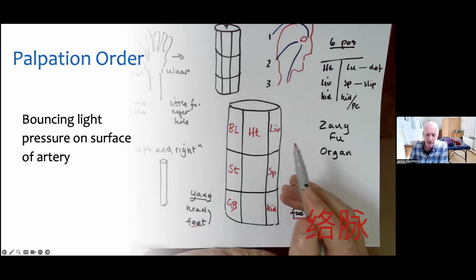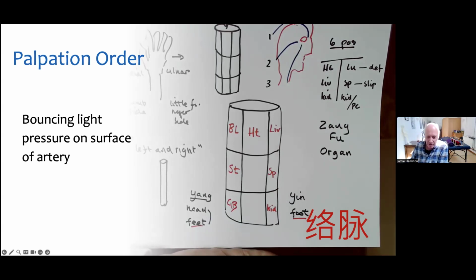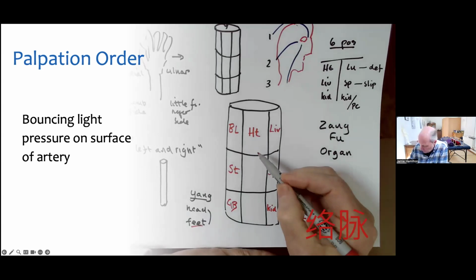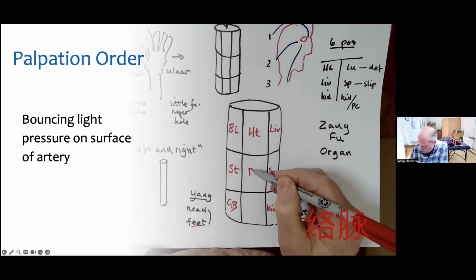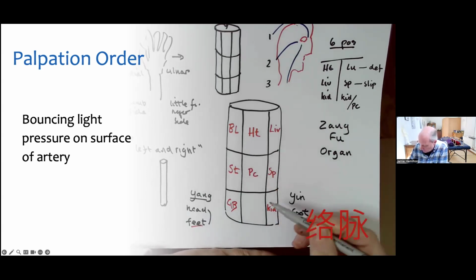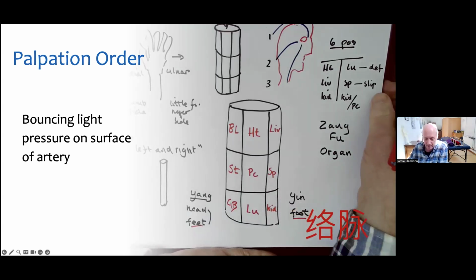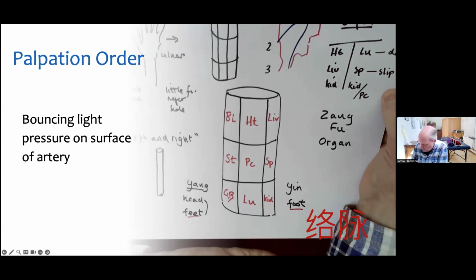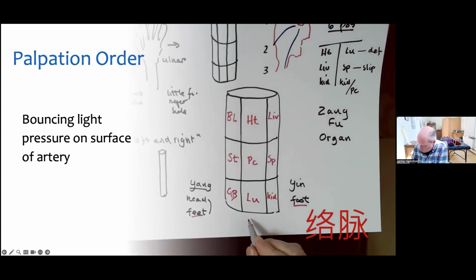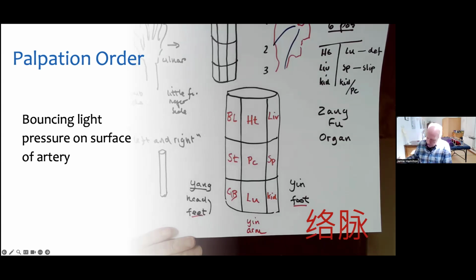Now we're used to seeing the heart at the top because it's the emperor, right? So the heart should be at the top. Then we have pericardium in the middle, and then lung at the bottom. And that's the map. So what are all these channels? I will tell you, these are all yin channels, and they all go to the arm. Anybody noticing anything missing?